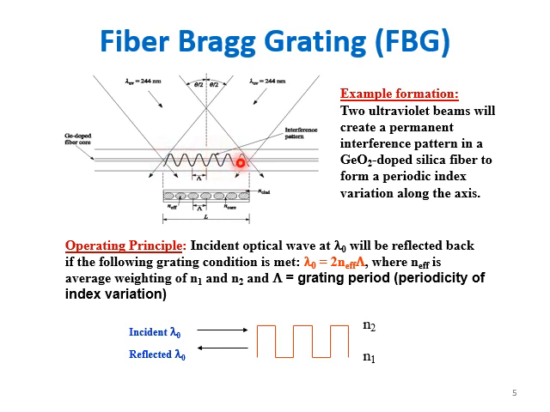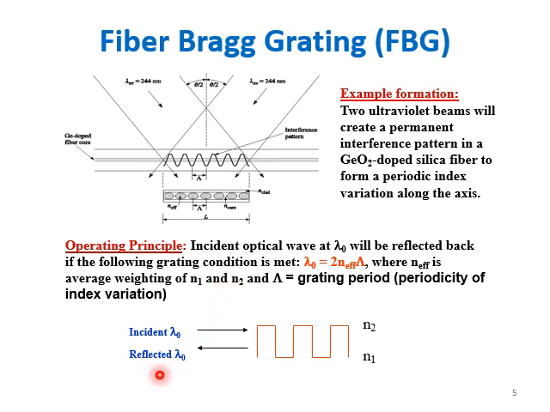The interference pattern will change the periodic index variation observed at the axis of the core. So the incident optical wave at lambda naught will be reflected back if the following grating condition is met.